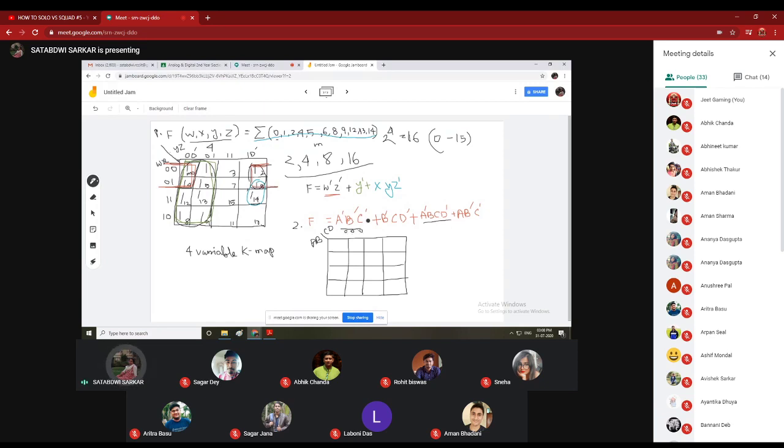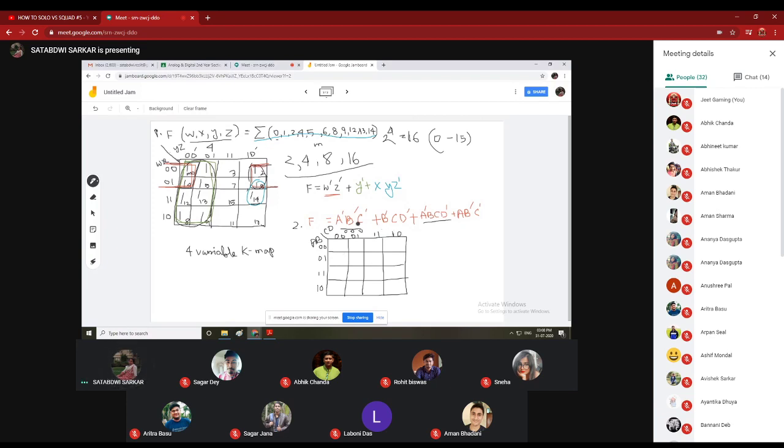And we don't know the value of D. So we may take it as 1 or 0, both. So if we take 0, then A, B is 0, 0 here, 0, 1 here, 1, 1 here, and 1, 0 here. Again here it is also 0, 0, 0, 1, 1, 1, and 1, 0.